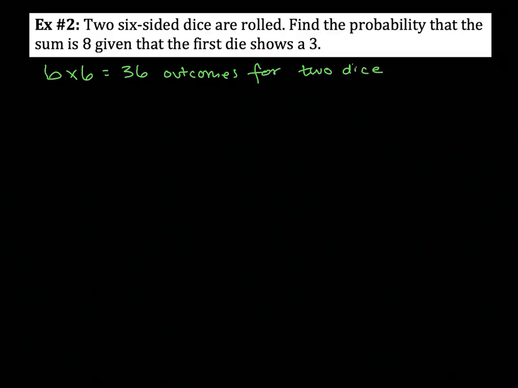But now we don't need the whole table because it's telling us that given that the first die shows a 3, we can look at the sample space. We're only interested in when the first die shows a 3, and there's only 6 options, so I'm going to write them all out.